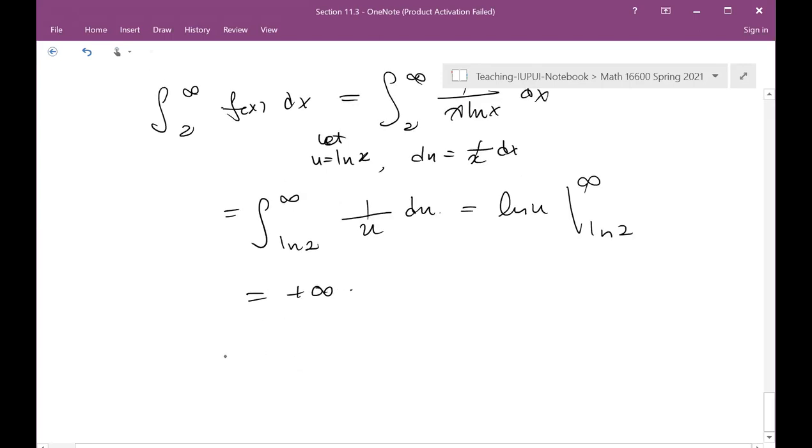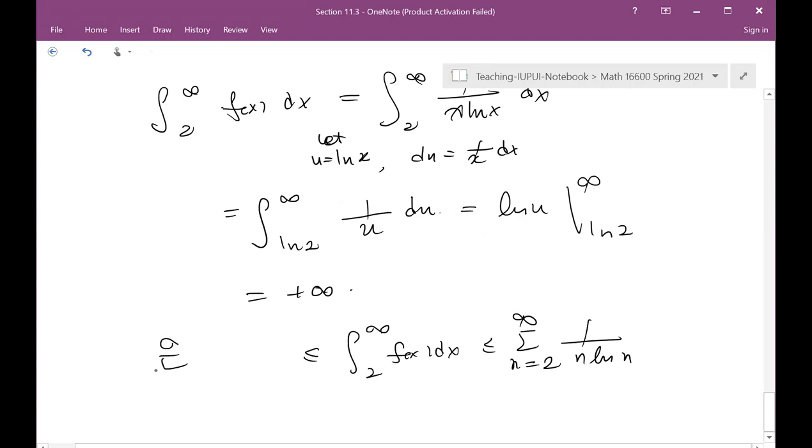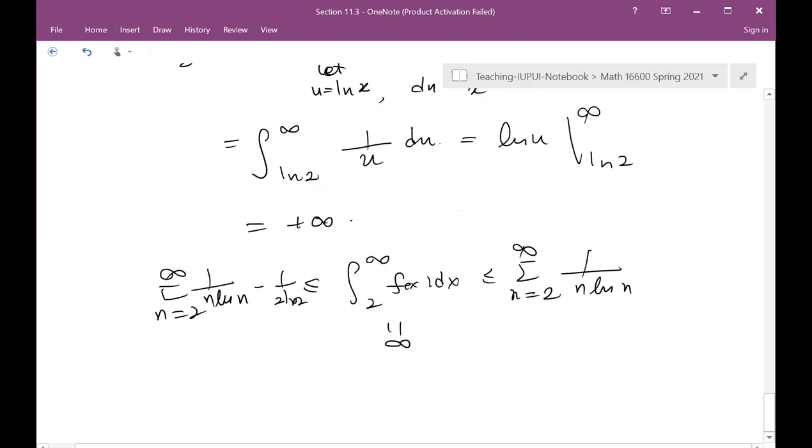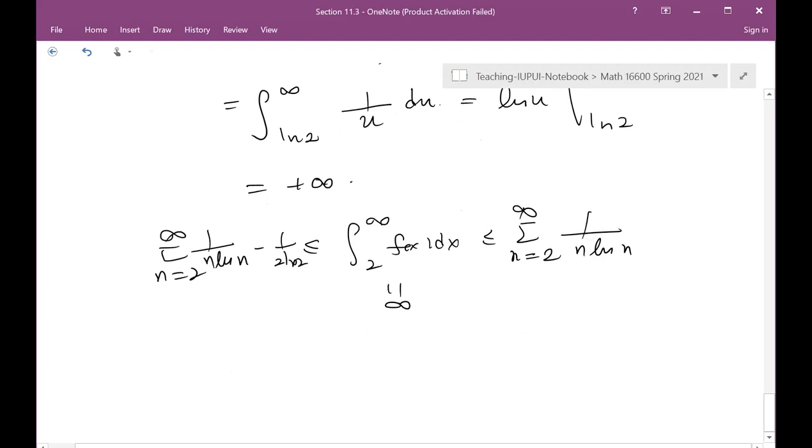So that means we have the integral of f of x dx, and the sigma is greater than or equal to that integral minus 1 over 2 natural log 2. But this is infinity. So that forces the one on the right hand side to be infinity. So the conclusion is the value is infinity.